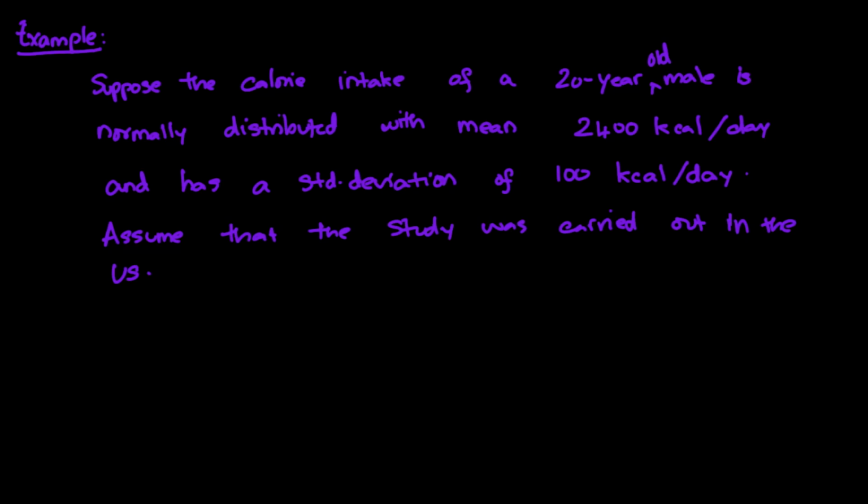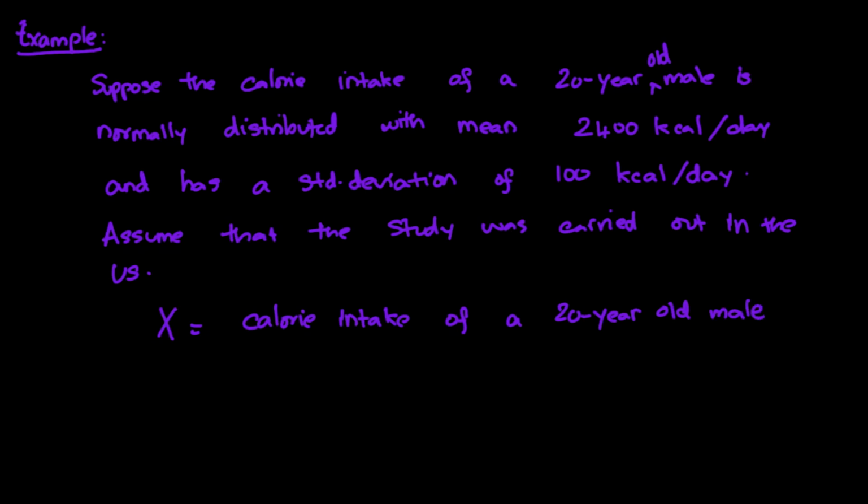So we would actually find a couple of probabilities using this single statement. First off, let's identify the random variable. The random variable here, x, is nothing but the calorie intake of a 20-year-old male.